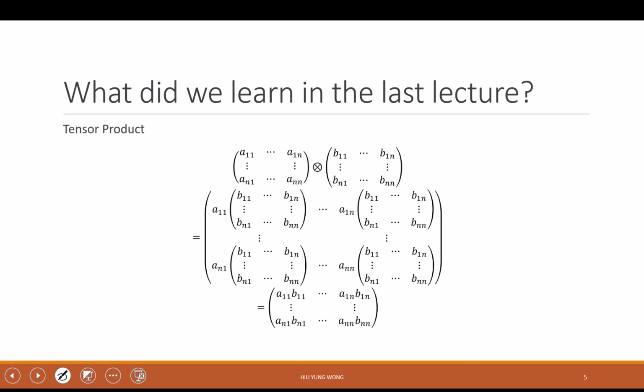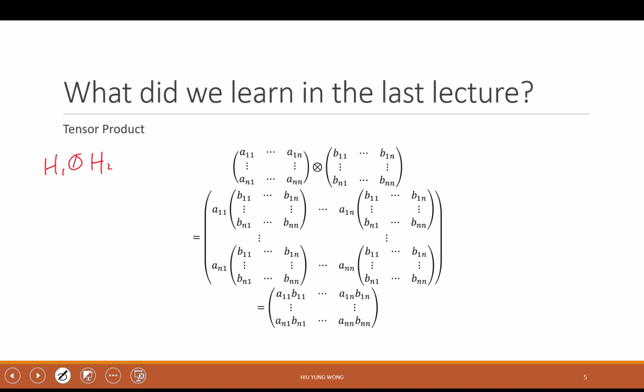Now we also learn about the tensor product. If we have 2 qubits or 3 qubits or multiple qubits, what we are doing is to combine, or form, a larger space from a smaller space. You may have 1 qubit belonging to Hilbert space 1, and another qubit belonging to Hilbert space 2.